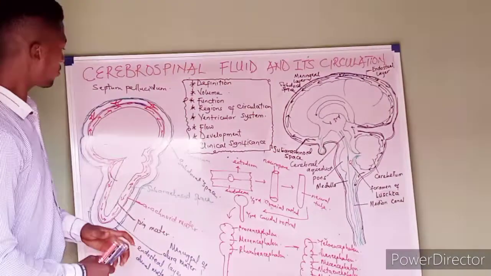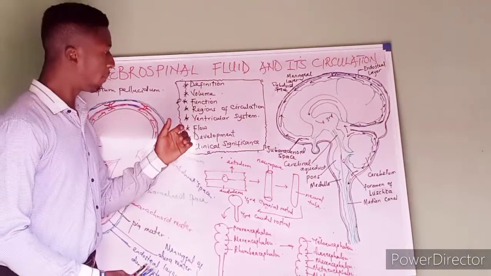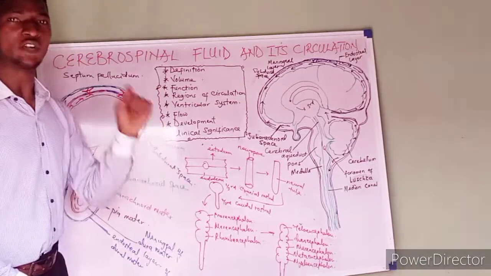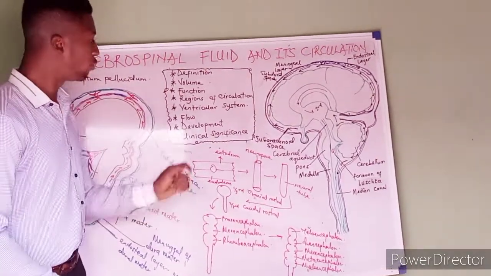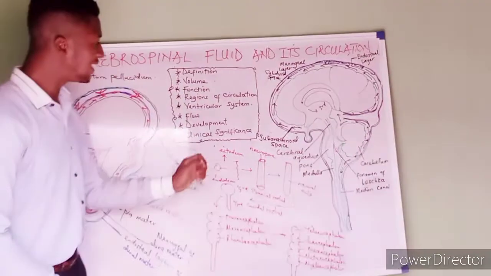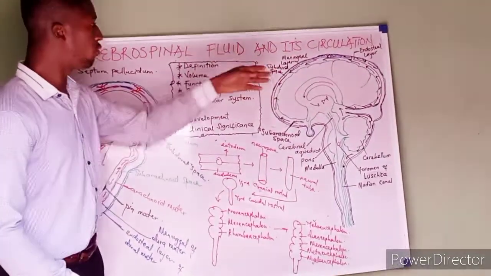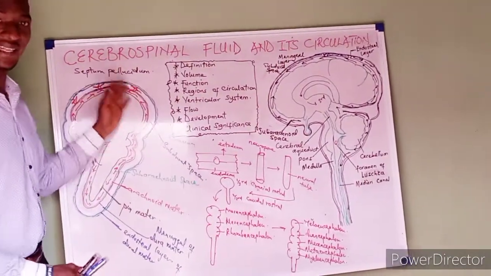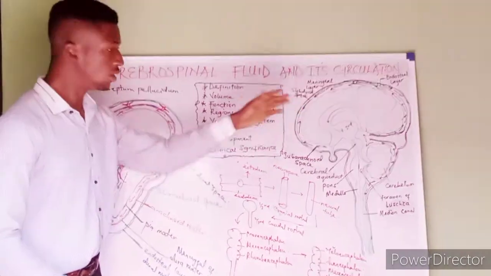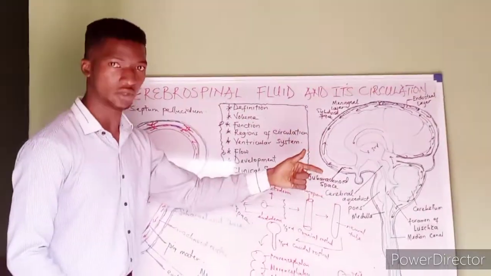Now here, the first part, called the rhombencephalon, is where the choroid plexus that produces cerebrospinal fluid is first found, and later it is found in the region of the two ventricles, the right and the left lateral ventricles of the cerebrum. That is where you also have the second choroid plexus.